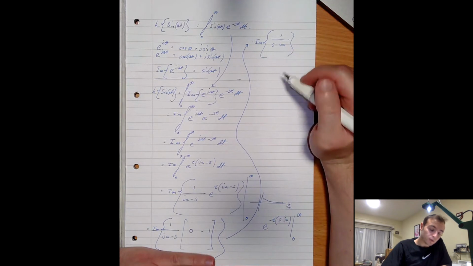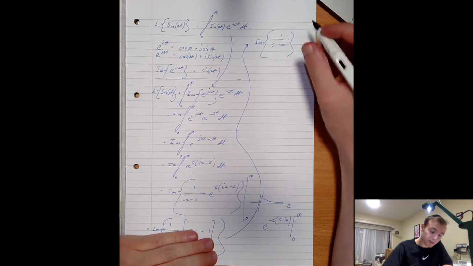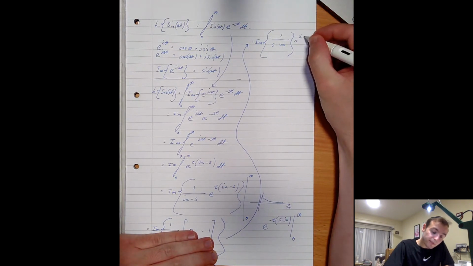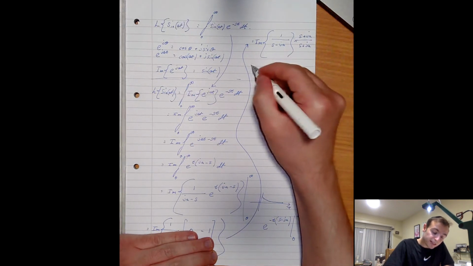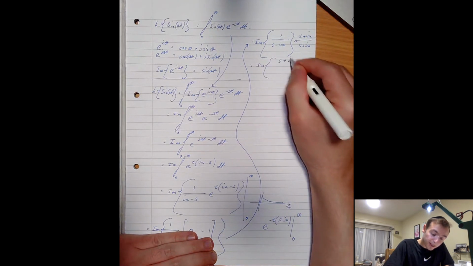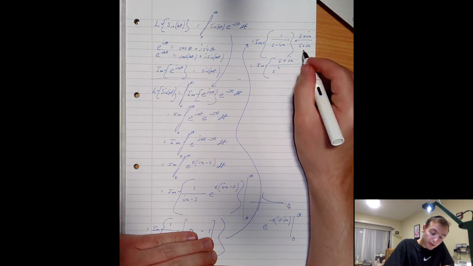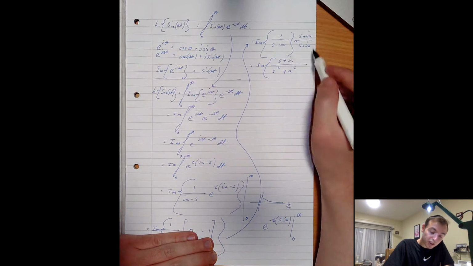Is that looking good? It might look a bit confusing, but this is actually very good, because we can multiply by the complex conjugate, s plus ja over s plus ja. That's going to equal the imaginary part of (s plus ja) on (s squared minus a squared), which becomes positive because of the j's.